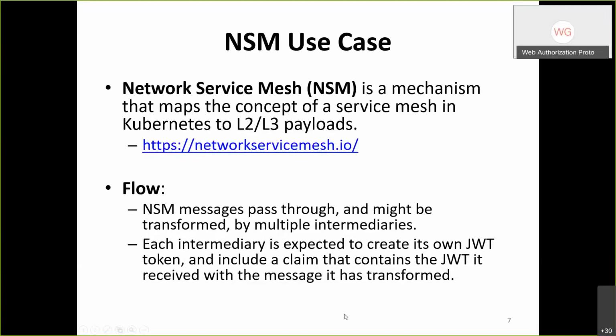In their case, they have a bunch of intermediaries, and those NSM messages will pass through multiple of those intermediaries. Each intermediary might transform that request, and if they transform it, they will create their own JOT and include whatever JOT they received from the previous intermediary and forward it to the next one. So that's the third use case.